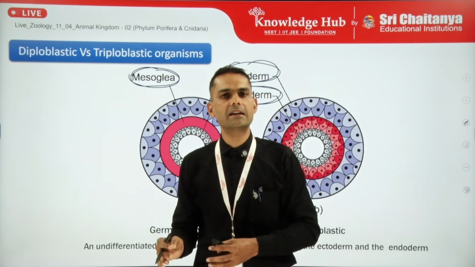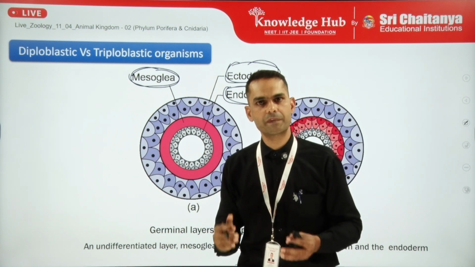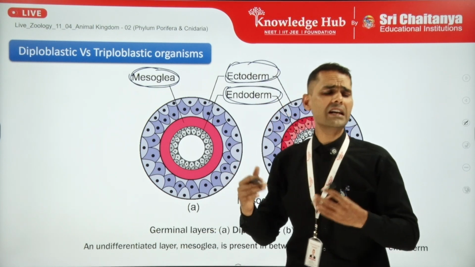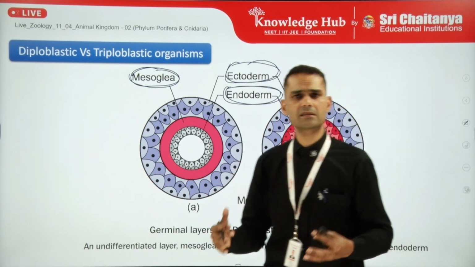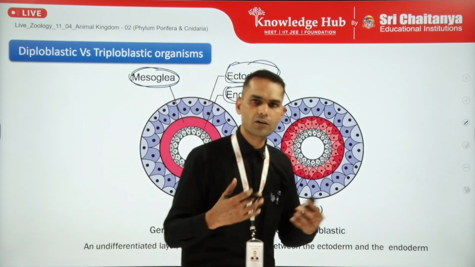So we can define it as a gelatinous layer present between the ectoderm and endoderm in diploblastic organisms. In this mesoglea, various kinds of cells along with supporting substances can be present, which are responsible for endoskeletal support.